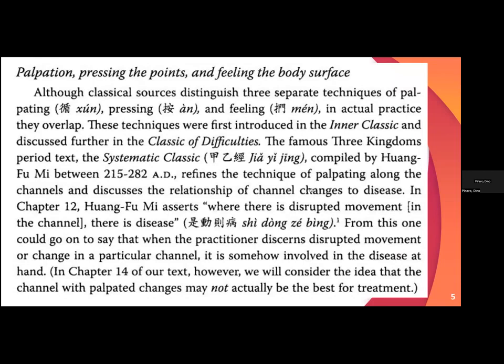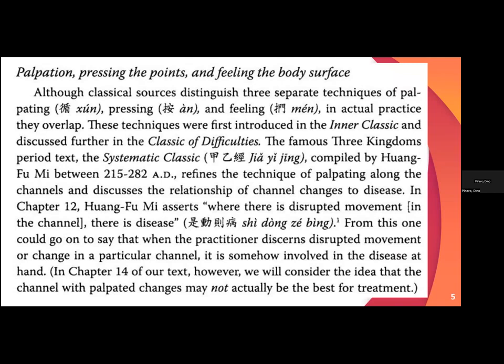Although classical sources distinguish 3 separate techniques of palpating, pressing, and feeling, in actual practice they overlap. These techniques were first introduced in the Inner Classic and discussed further in the Classic of Difficulties.